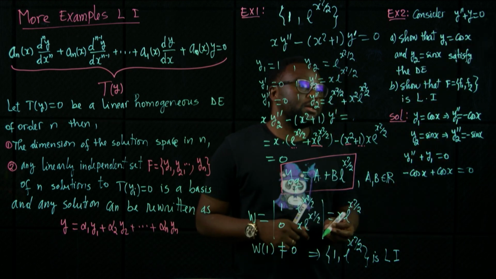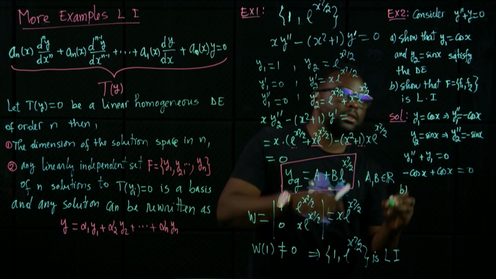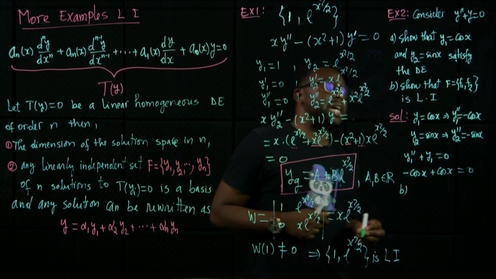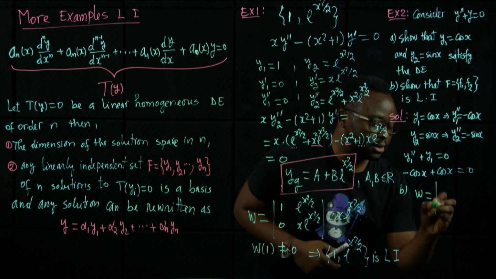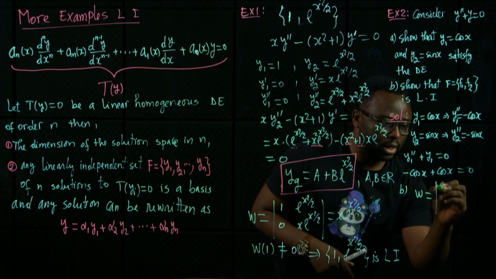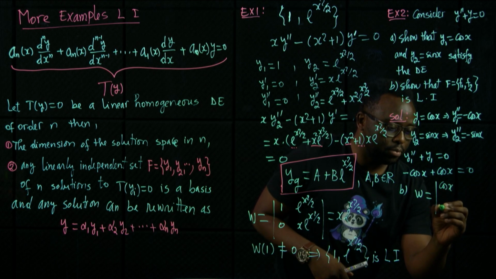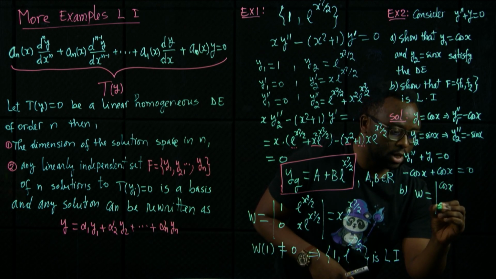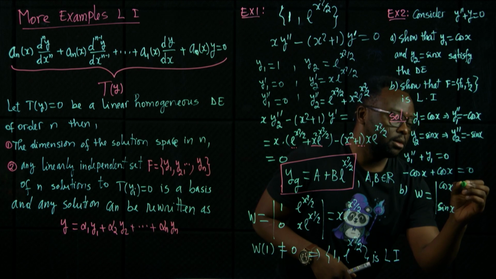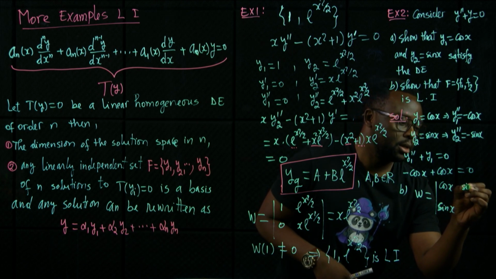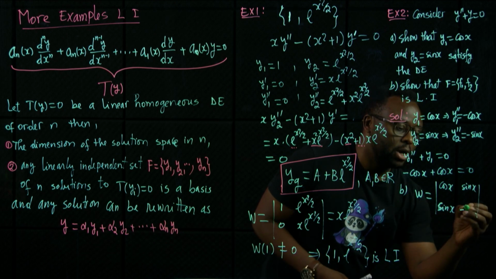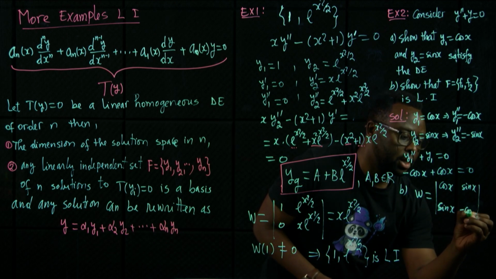Okay, now let's move to the second part. The second part is to show that the system is linearly independent. So we find the Wronskian. Here y1 is cos x, y1 prime is minus sine x, and y2 is sine x, and y2 prime is cos x.